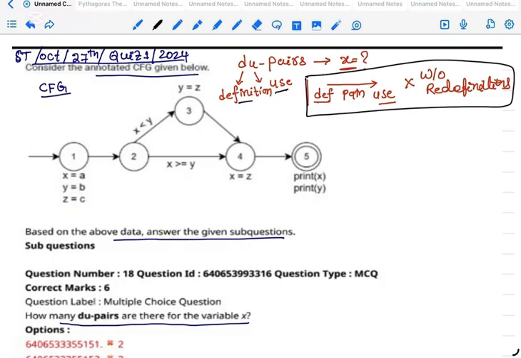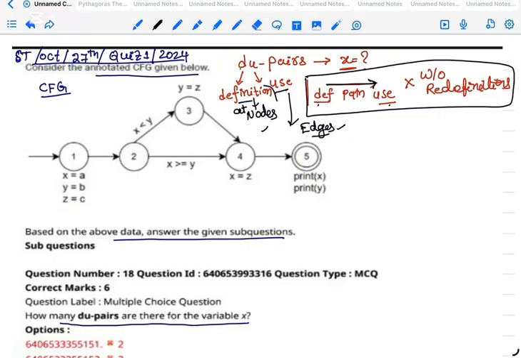Generally definitions are at nodes and uses are at edges. Du pairs of the variable x means there is a path for that variable x from definition to use.